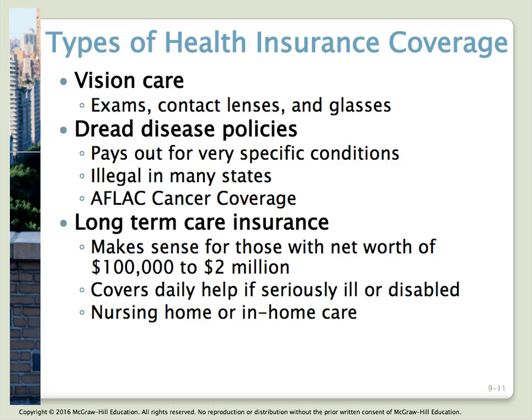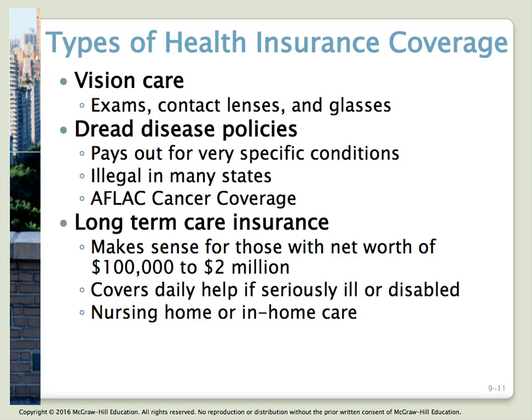Now, the book refers to a dread disease policy, but you probably have heard of cancer policies, and that's what they're more commonly called. A dreaded disease or cancer policy is usually solicited through the mail or newspapers or magazines or door-to-door salespeople. And the reason I'm mentioning that is because they're really pretty much notoriously poor values.